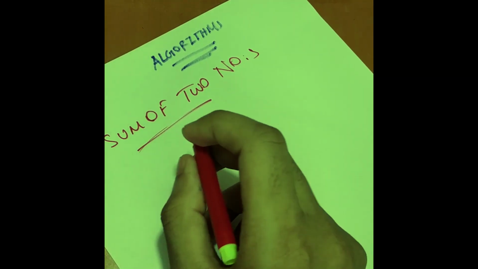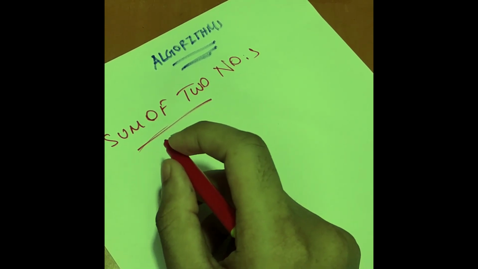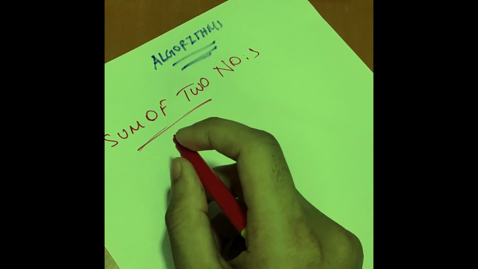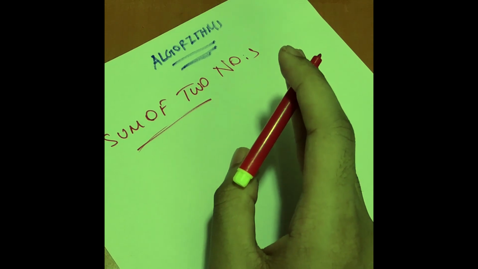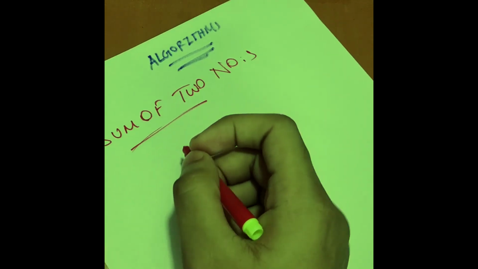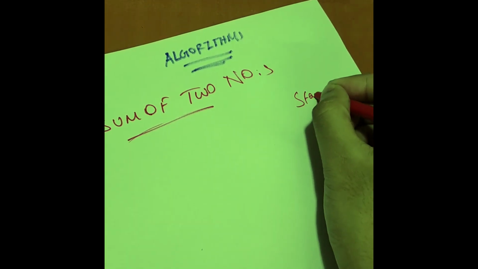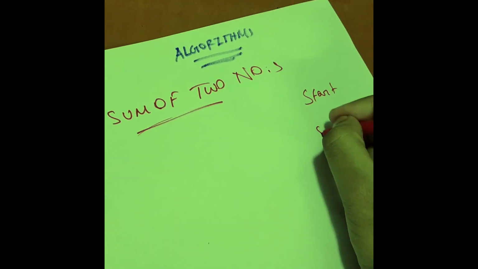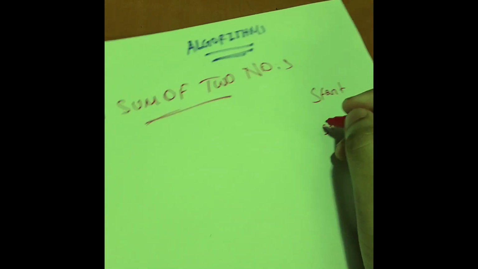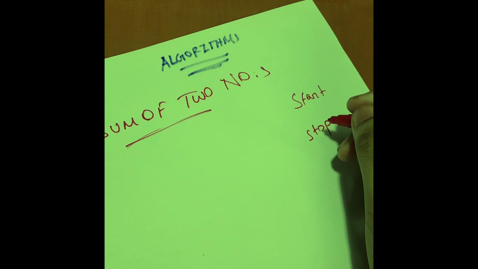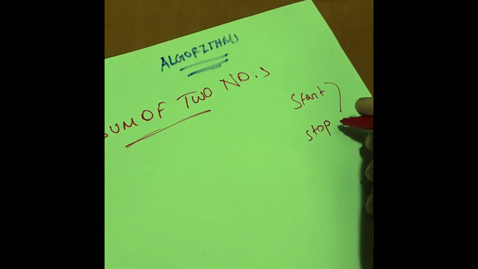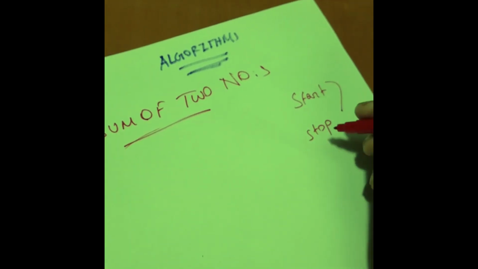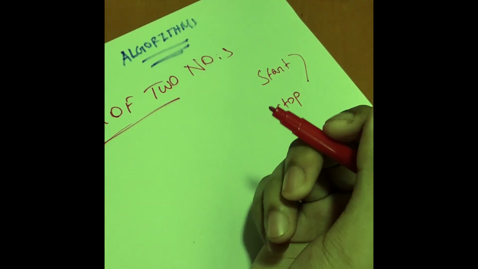Now, two things are mandatory for every algorithm: that is start and stop. Like a flowchart, obviously, it also has a start and stop button, or a start and stop step. It is written in steps. So, sum of two numbers.